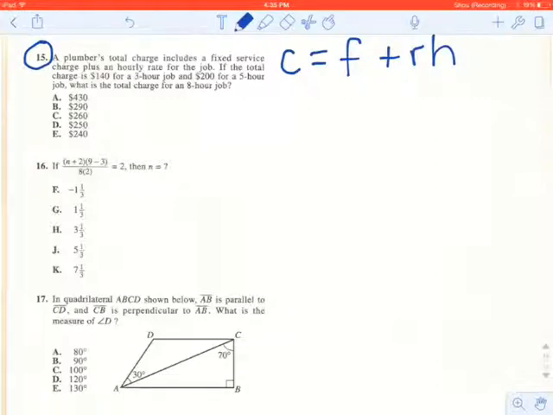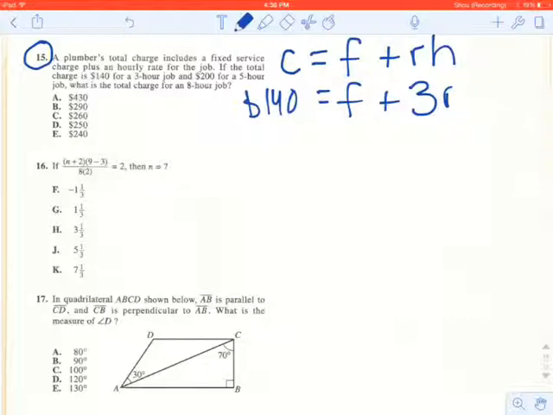So then it tells us that in one instance we have a total charge of 140, so we're just going to plug this in more or less right below our original equation. So $140 for a 3-hour job, so F we don't know, plus 3 times that rate.